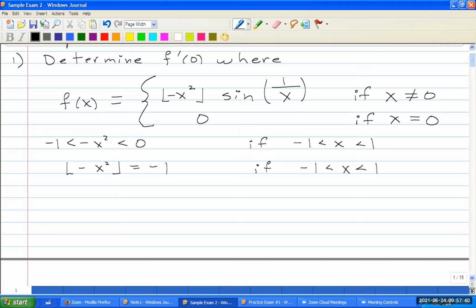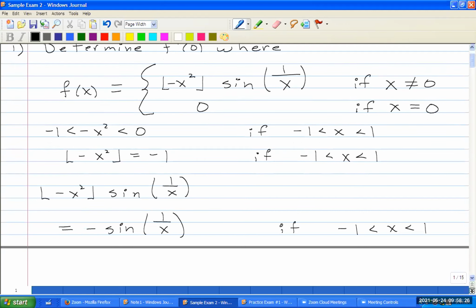And so in particular, that says that this is equal to negative, it's -1, so it's negative sine 1 over x if x is between -1 and 1.